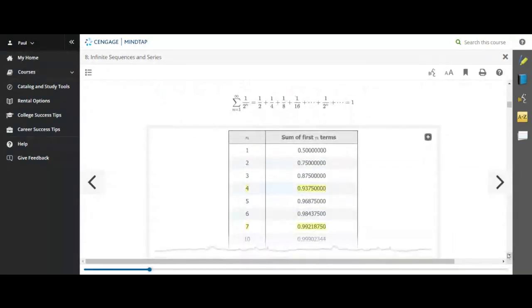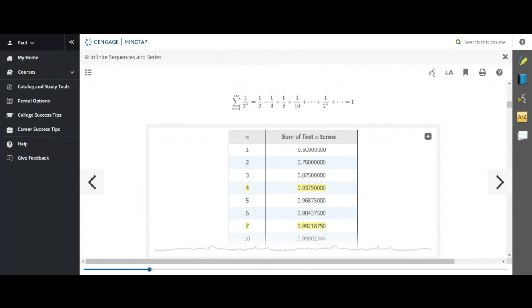Here in the table, they have the sum of the first n terms. The first term of the series is just a half. We call that the first partial sum, while the full sum of the series is when you add all the infinite terms.